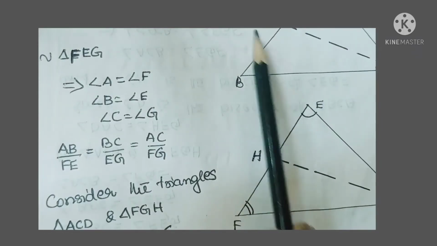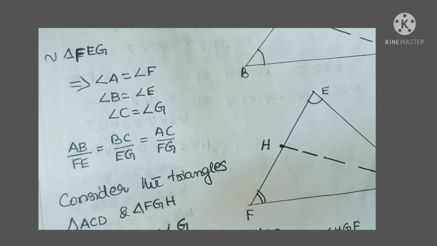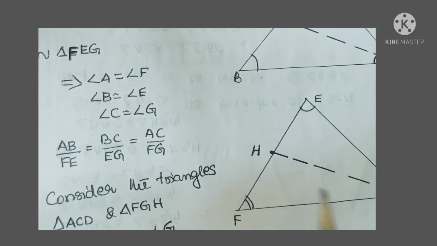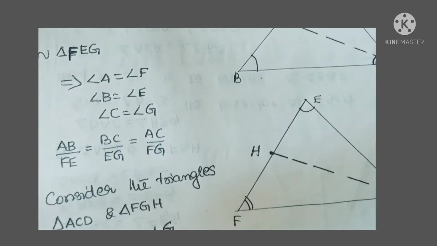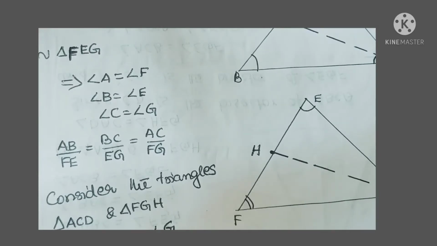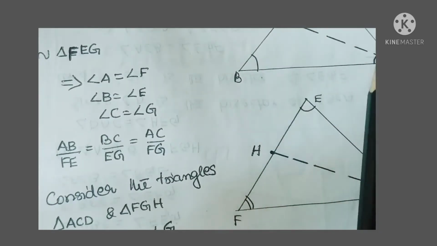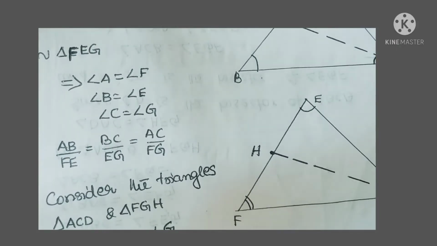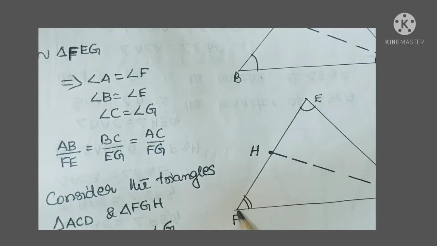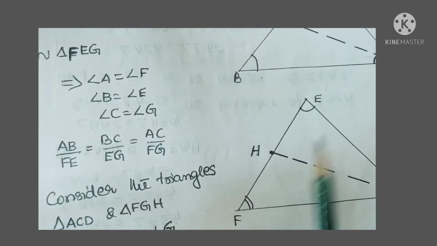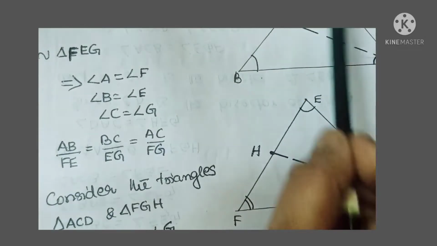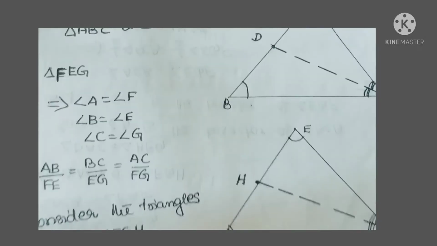Angle DCB and angle HGE, this angle and the upper part of this one, both are equal. And DCA equals HGF. DCB equals HGE and DCA equals HGF.